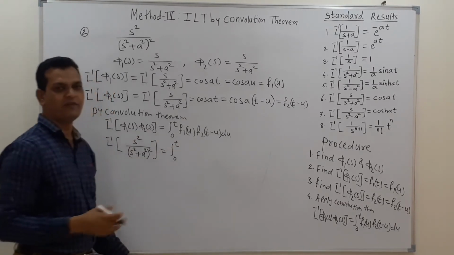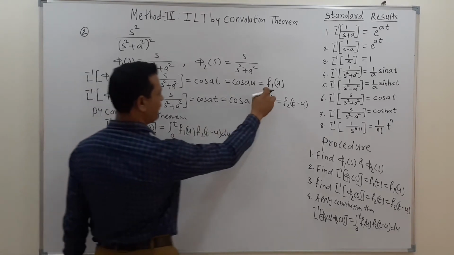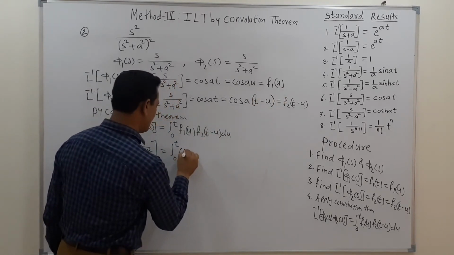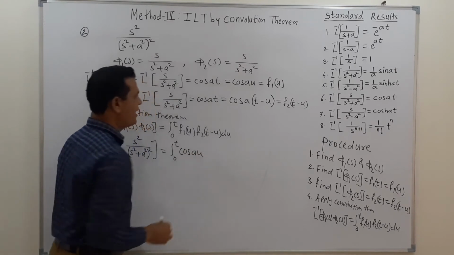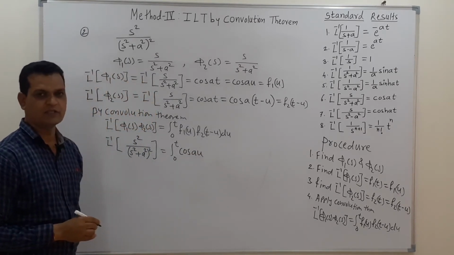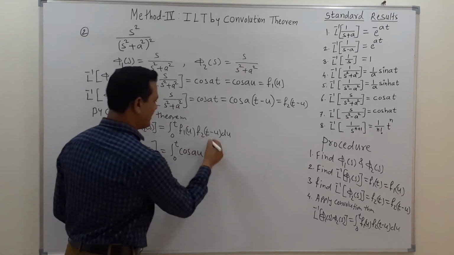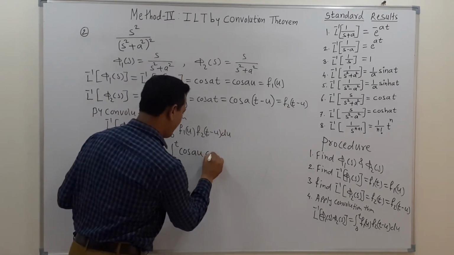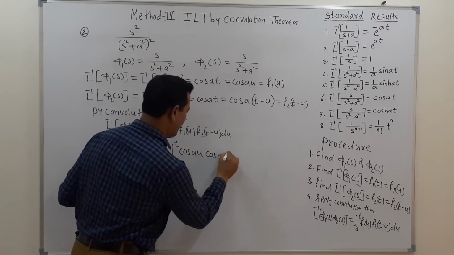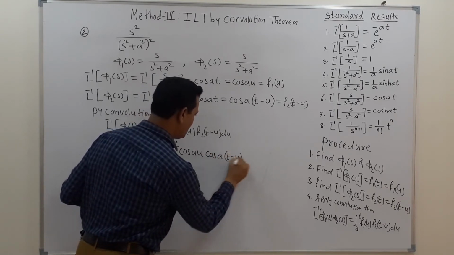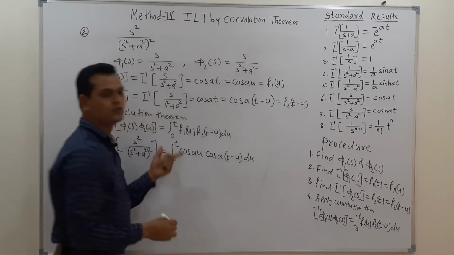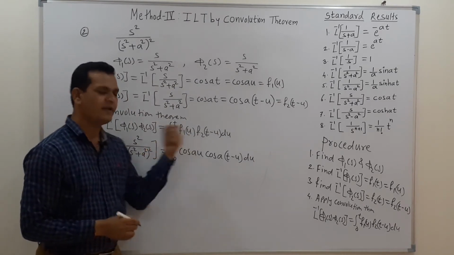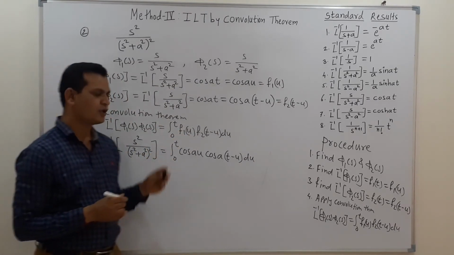Then put the value of f1 of u, which is cos of au. Then put the value of f2 of t minus u, which is again cos of a times (t minus u) du.